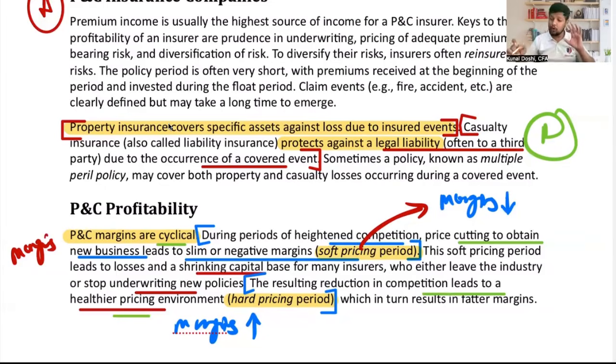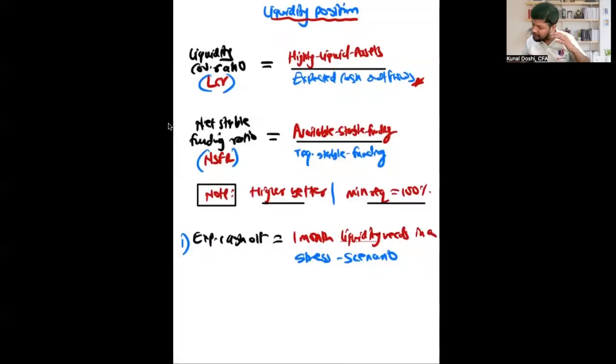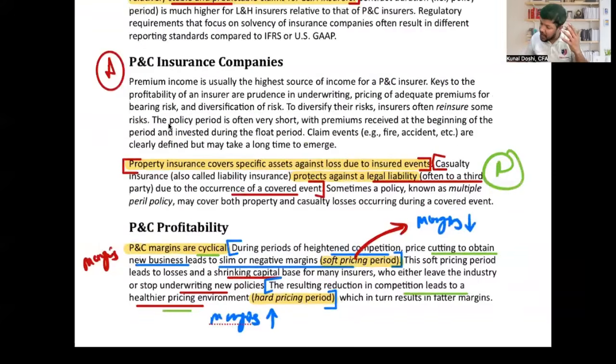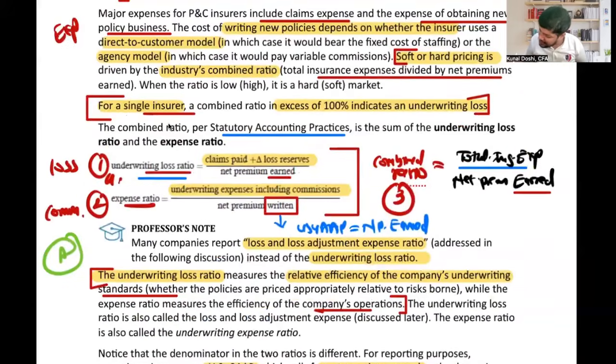Here, remember the two ratios that I have put up this year, which have a high chance of being asked in the exam: the underwriting loss ratio and the expense ratio. Both are measured in terms of the premium that the insurance companies get. Underwriting loss, see, whenever there are claims, or any changes in the reserves, you have to put some reserves. That's a potential outflow.